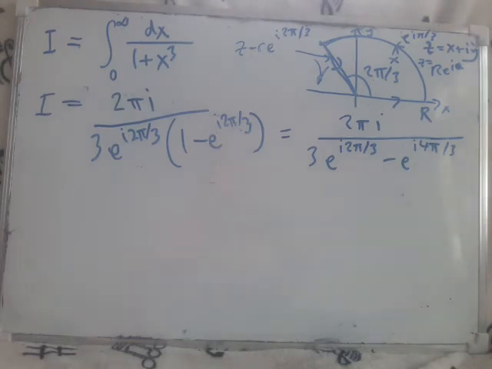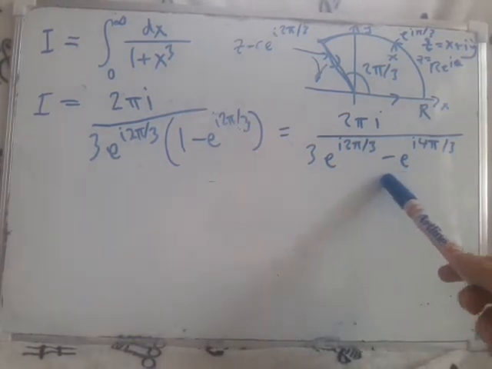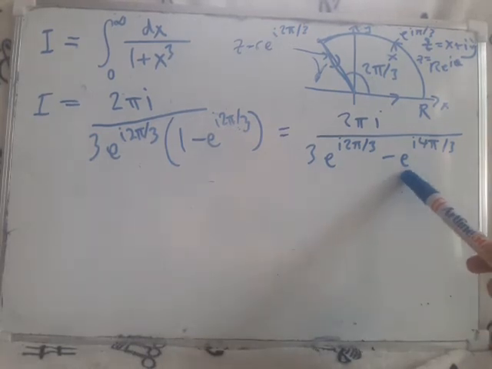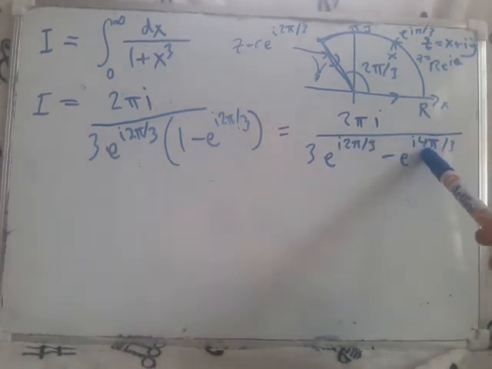Now, the trick here is to realize this looks a bit like it should be sine, except if it were going to be sine, then we would expect to have a minus 2 pi over 3 here. But you see, actually, we're always free to add or subtract 2 pi to this.